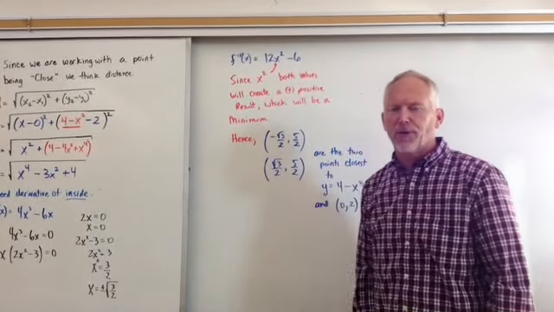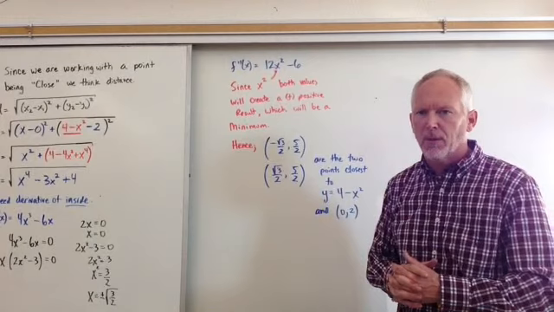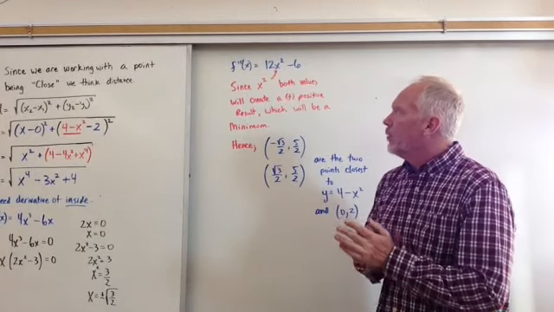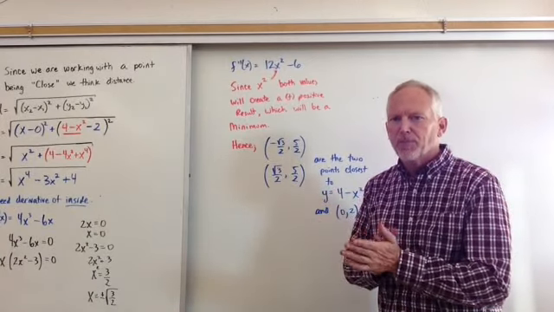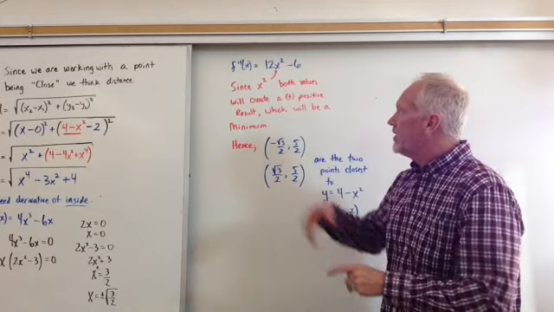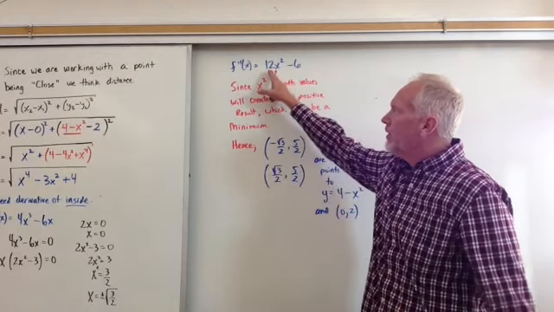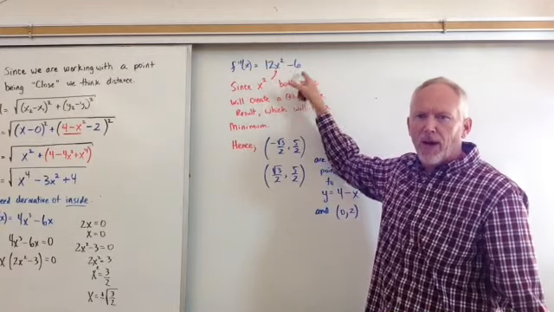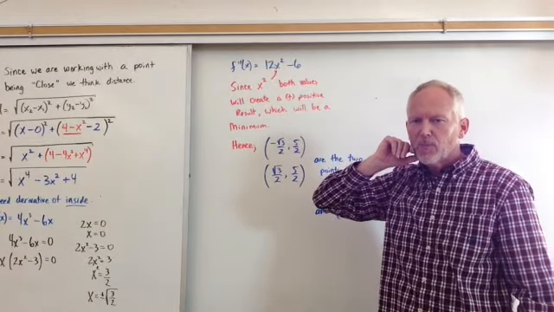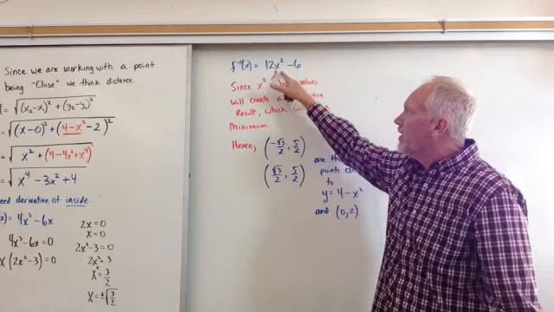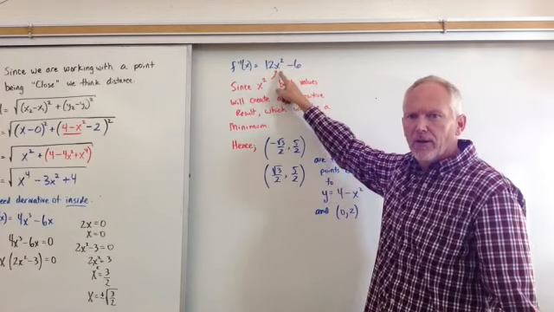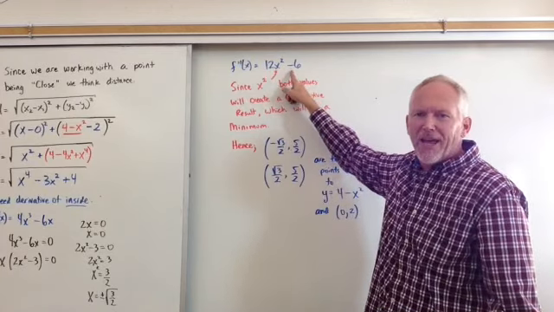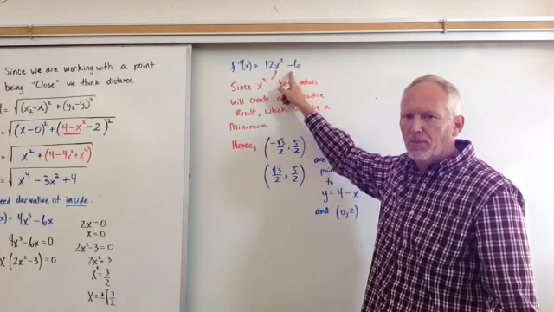We know our x values, and we have to figure out, are they maximum or minimum? Well, we take the second derivative, and since we're dealing with an x squared, the second derivative is 12x squared minus 6. Now, if we put in a 0 here, it would be negative 6. We'd be dealing with a maximum.